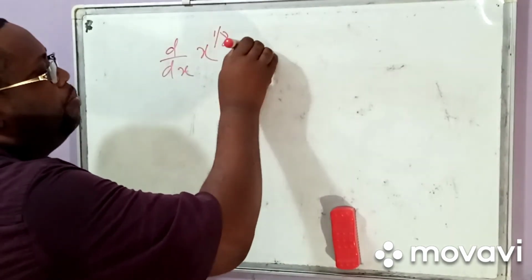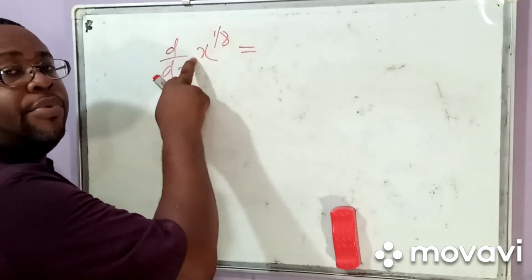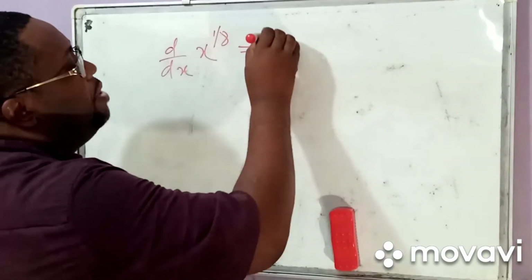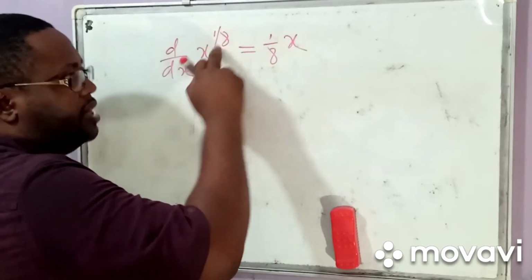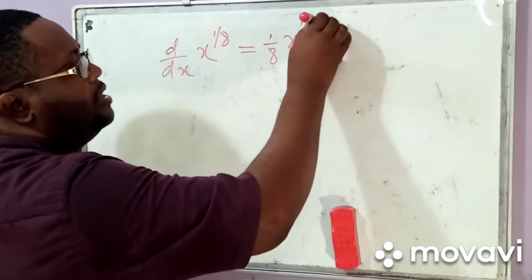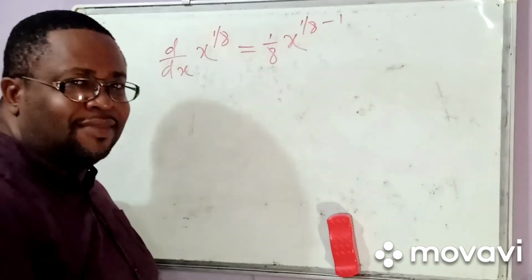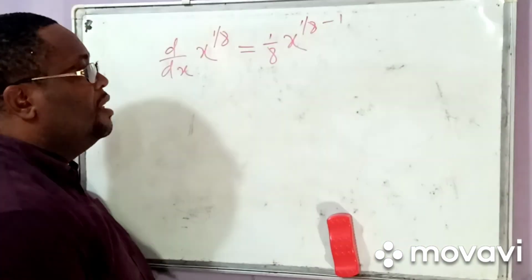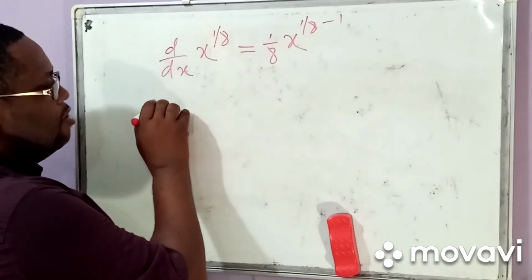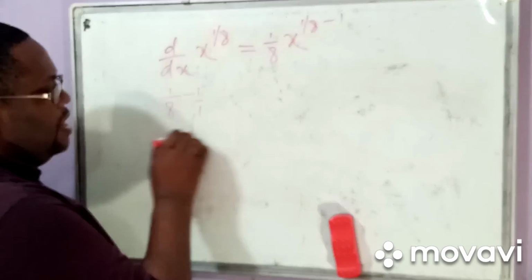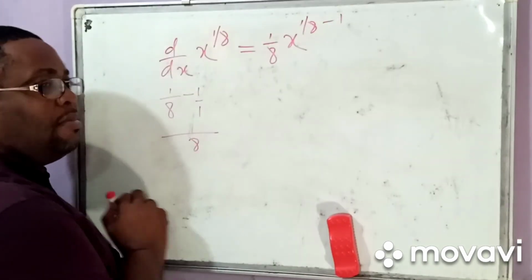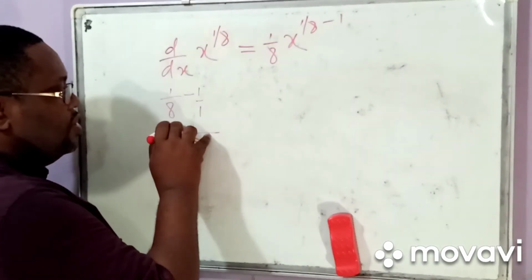So this is very simple. I'll take 1 over 8 and bring it down. So I'll simply have 1 all over 8, and then I have x to the power, subtract 1 here, 1 over 8 minus 1. Let me quickly come here and check what 1 over 8 minus 1 over 1 is. LCM is 8. 8 divided by 8 is 1. 1 times 1 is 1.